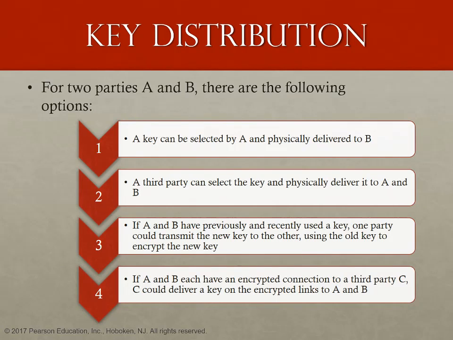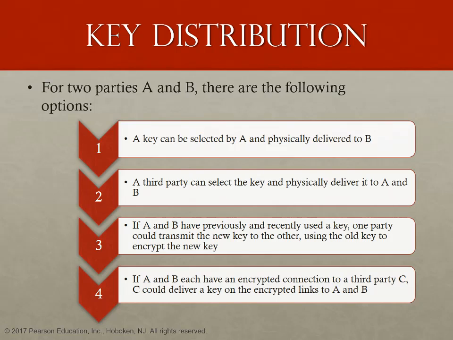Key distribution. Key distribution can be achieved in a number of ways. For two parties A and B, there are the following options. 1. A key could be selected by A and physically delivered to B. 2. A third party could select the key and physically deliver it to A and B. 3.